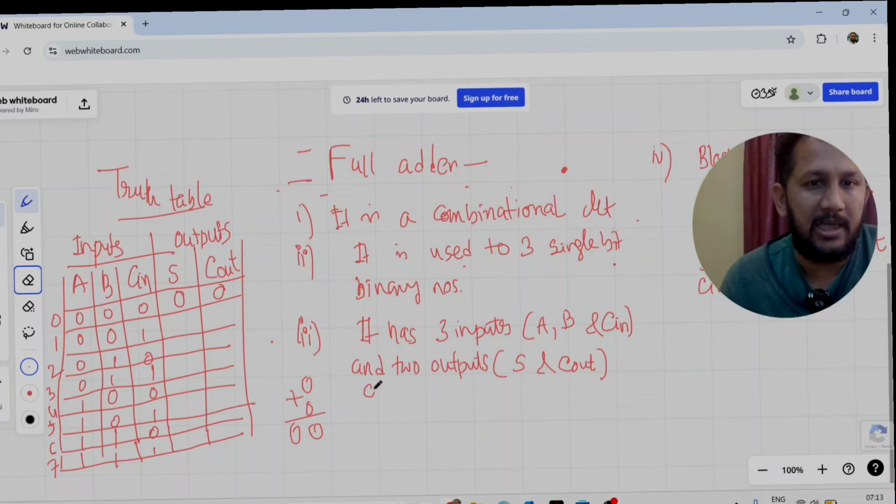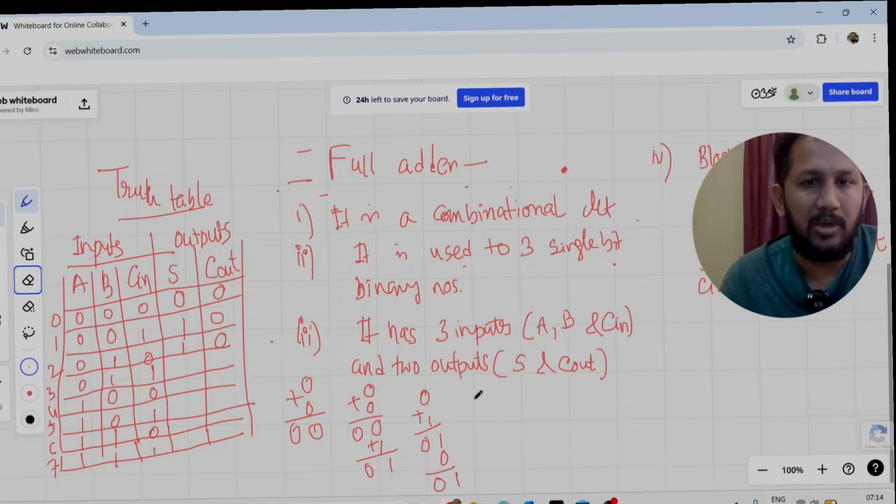First we add A and B, 0 plus 0, we get 0 and there is no carry, then plus 1, 0 plus 1 is 1 and carry is 0, meaning sum 1, carry 0. Next 0, 1, 0: 0 plus 1, the sum is 1, there is no carry. Next 0, 1 plus 0, sum is 1, there is no carry.